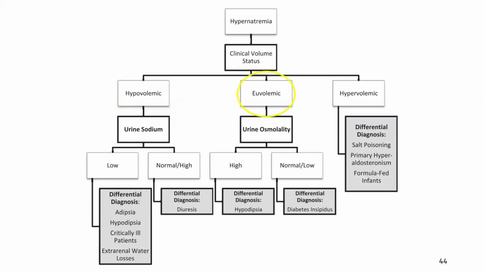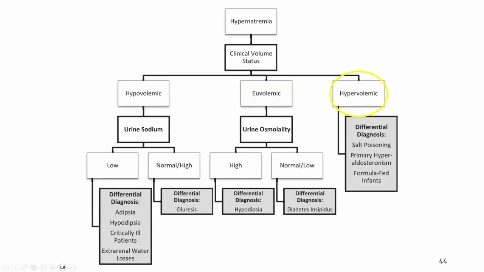Then the euvolemic patients, so again, we can have hypodipsia. The important one here that we'll just touch on afterwards is diabetes insipidus. And then the hypervolemic patients, so as I said, these are usually conditions that result in increased salt relative to the amount of water. So these are things like salt poisoning, which is most commonly iatrogenic.